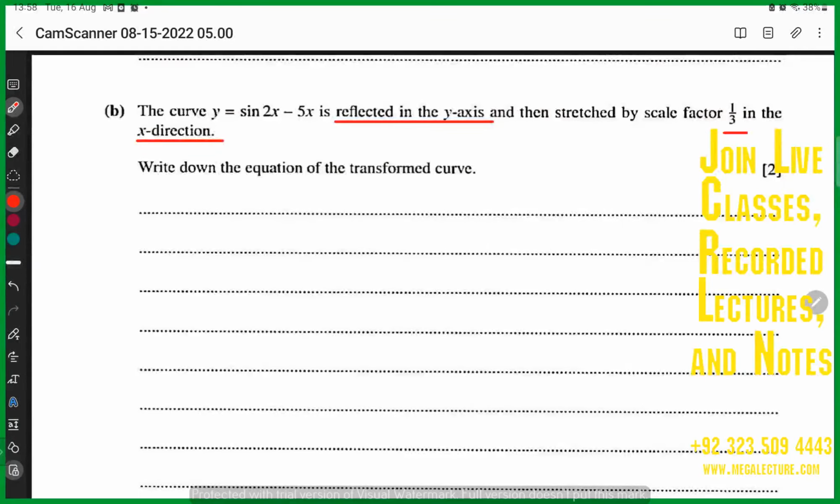Write down the equation of the transformed curve. First of all, we need to understand the fact that it is reflected in the y-axis. So what was happening for reflections in y-axis or x-axis?